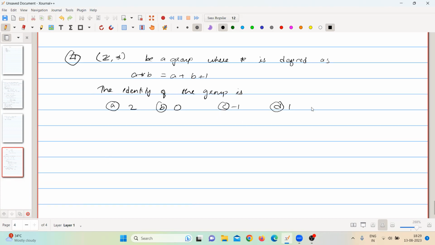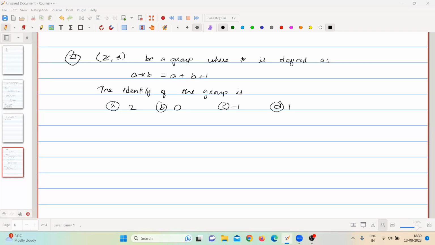You can just write what is the definition of identity, and solve the problem. Just try once. Any answer? Okay, minus 1.